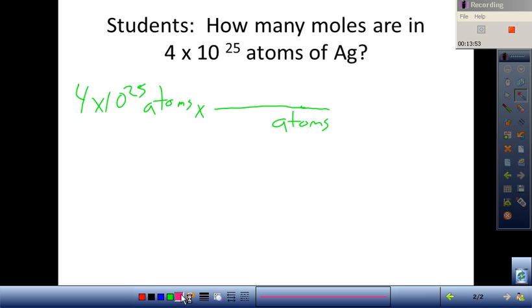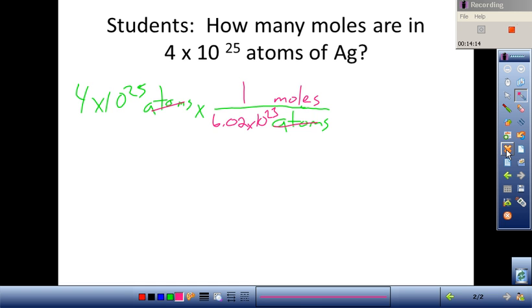Now from atoms, the question says how many moles, so I'm going to put moles up here. It's always 1 mole, and it's always Avogadro's number of things. And we cross that off, and we work it out mathematically. Okay, I'm going to stop this video, and we'll continue on with the next video. So go ahead and start the second part.